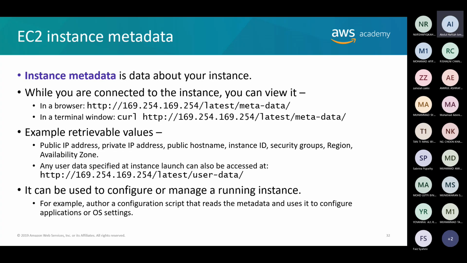So in the terminal window, run curl http://169.254.169.254/latest/meta-data/ to retrieve it. For example, you can retrieve values like public IP address, private IP address, and public host name, and it can be used to configure or manage a running instance.